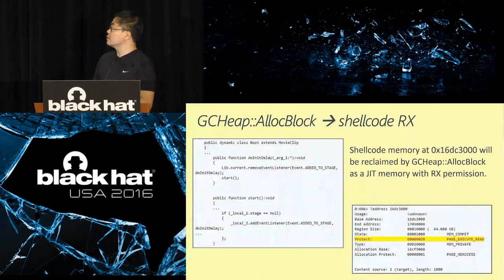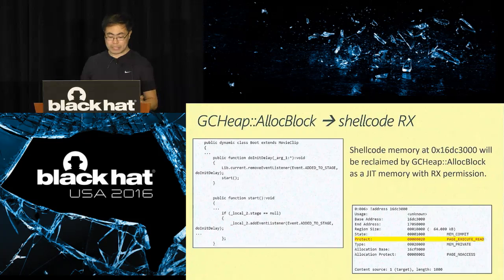So the technique the attackers are using is they create an event handler, just shown on the left. Do init delay is an event handler which is called frequently, a timed event handler. So it will be called like every second or something.